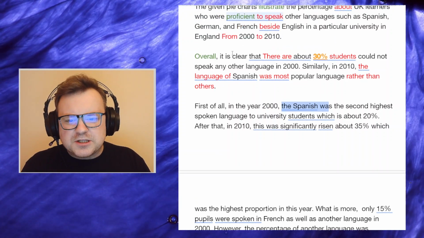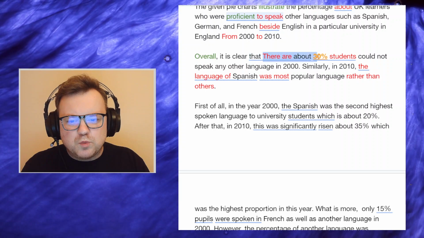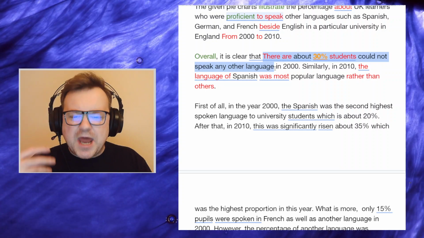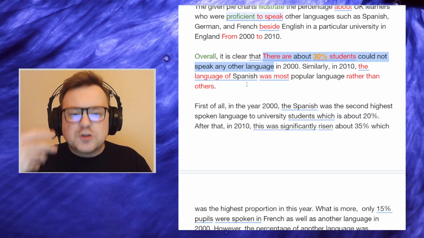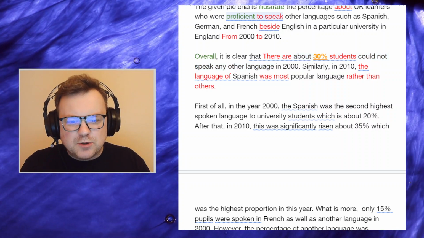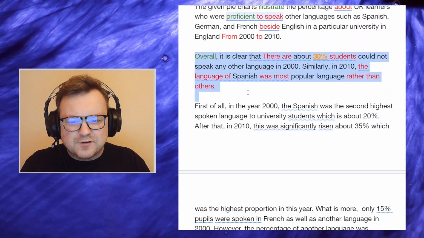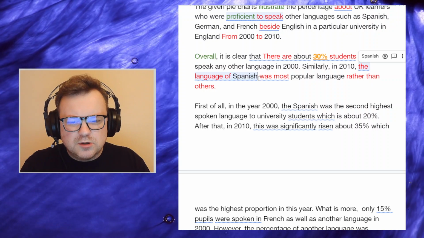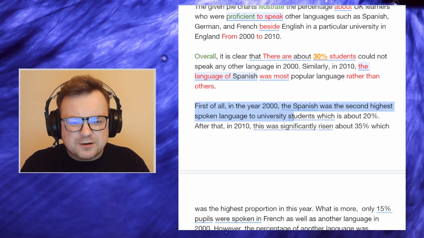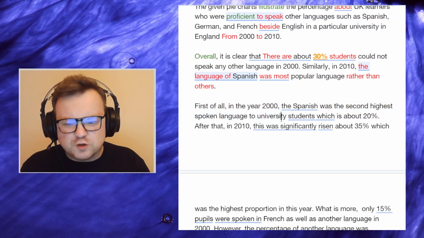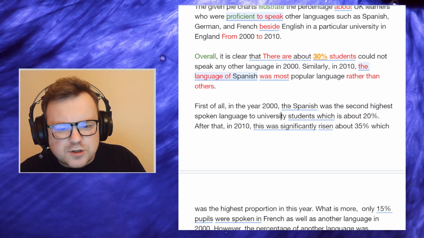If we've started this paragraph by saying key feature number 1 is about people who could not speak another language, then I want the next body paragraph to talk about key feature 1. But instead, you have Spanish as key feature 2, and now you're starting your body paragraph by talking about Spanish. And for me, that's just strange flow. But okay, first of all, in the year 2000, the Spanish.